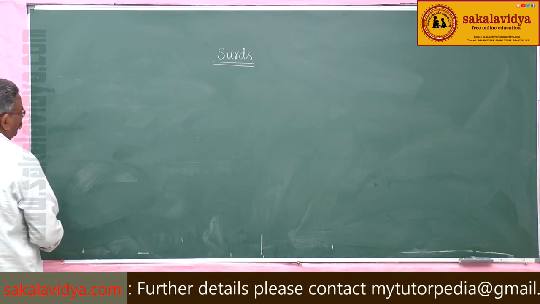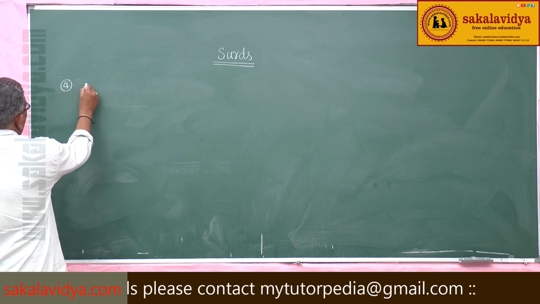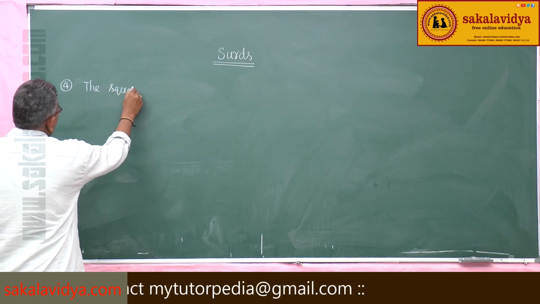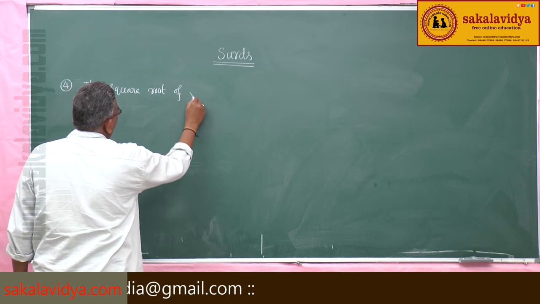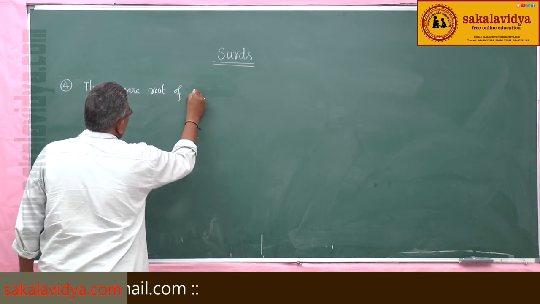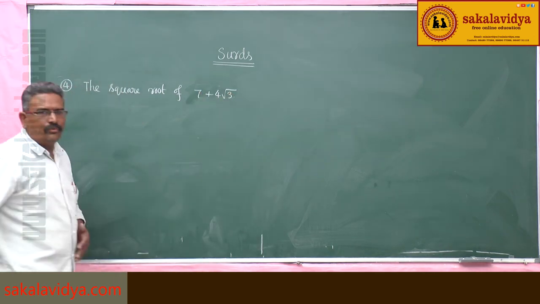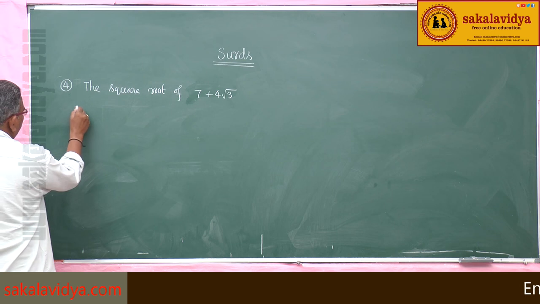Next problem, the fourth one. The square root of 7 plus 4 root 3. How to find the square root of 7 plus 4 root 3?